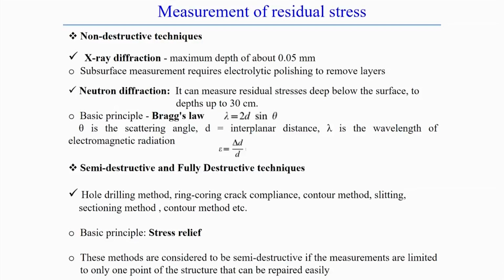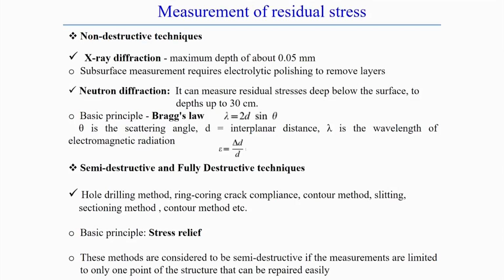In the hole drilling method, we use a simple, very highly sensitive strain gauge, and it captures the amount of strain change when there is a relief of the stress, and based on that we can measure the amount of residual stress. These methods are considered semi-destructive because the measurements are limited to only one point of the structure, and therefore it can be repaired very quickly. So, these are the typical methodology or basic principle for the measurement of the residual stress.